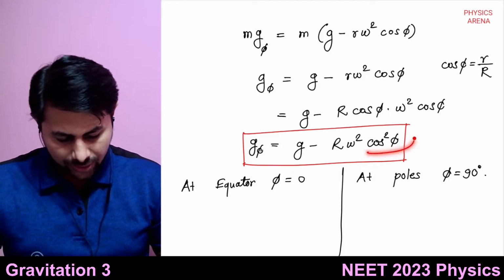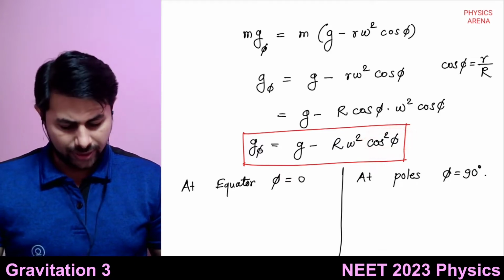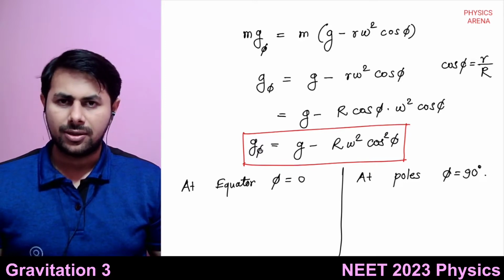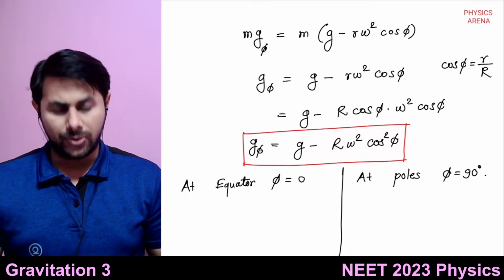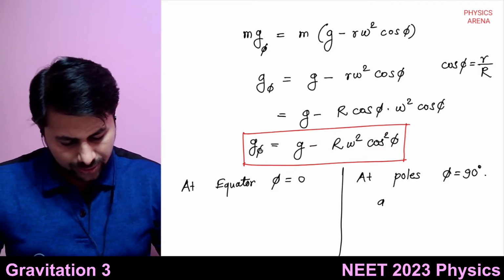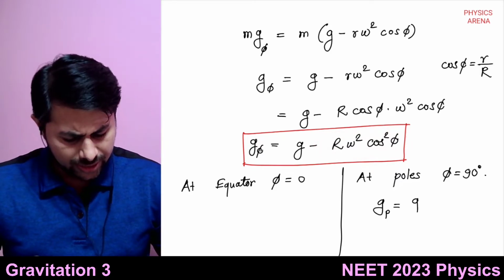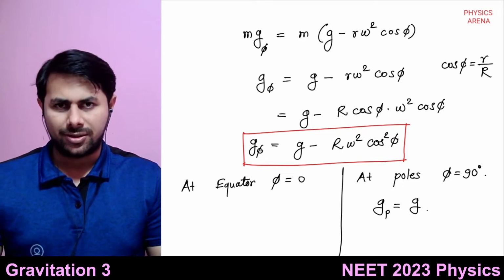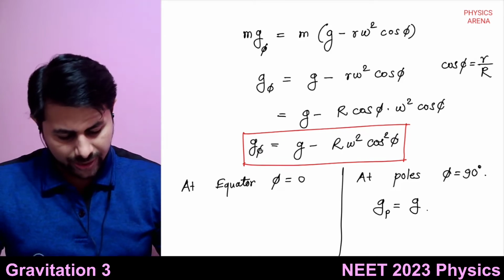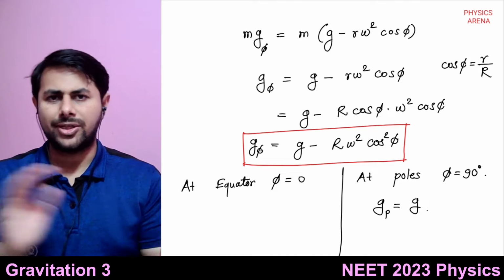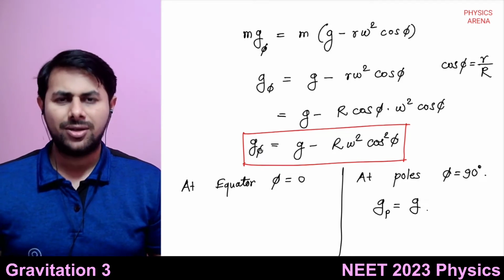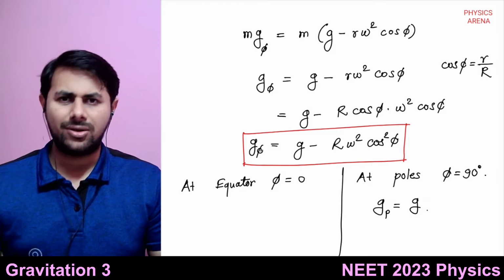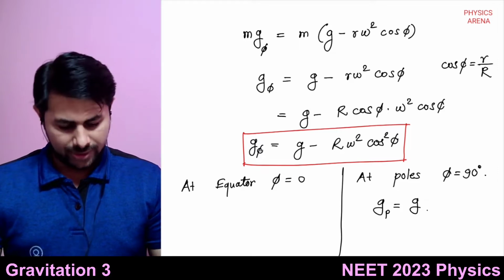We know that cos of 90 is 0, so this term will be 0 at the poles. So acceleration due to gravity at the poles is just equal to g, the normal value of g, and it has no effect due to the rotation of Earth.